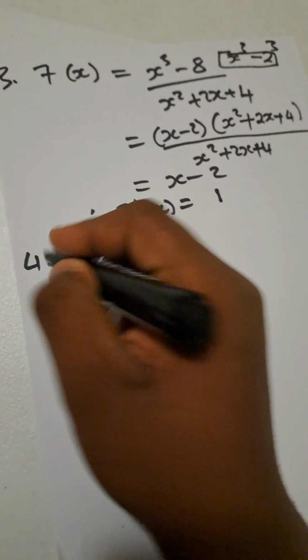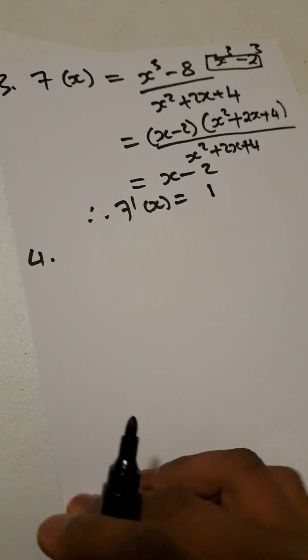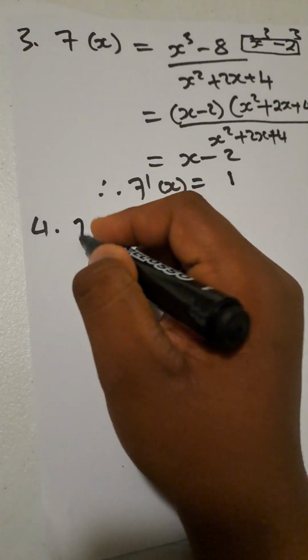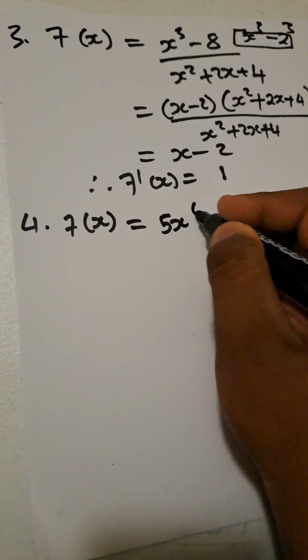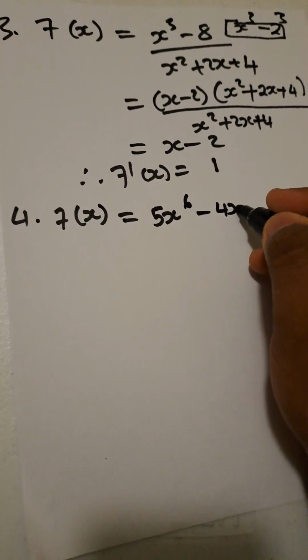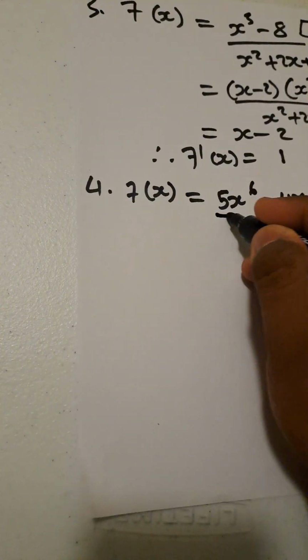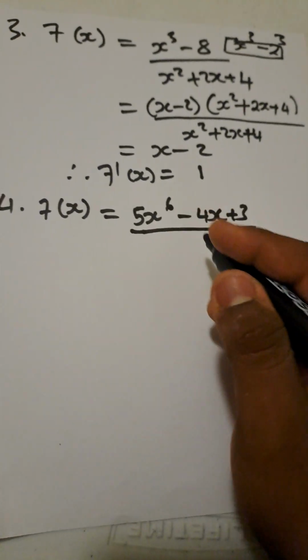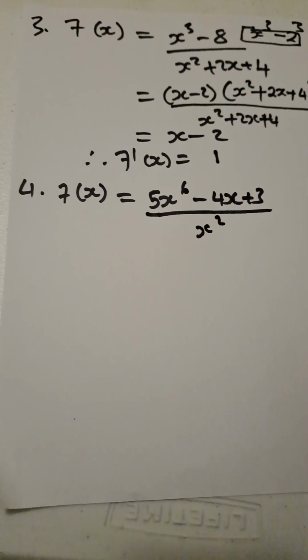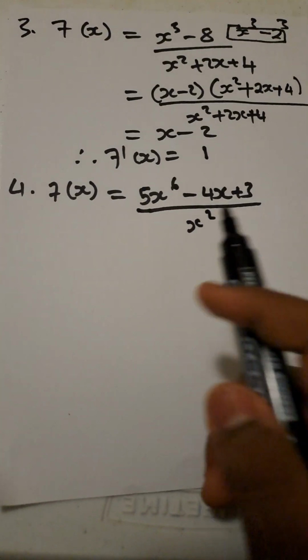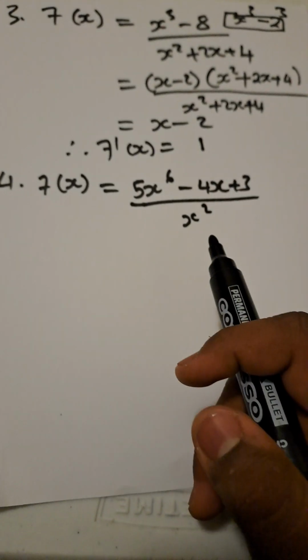Now let's check the last example: 5x to the power of 6 minus 4x plus 3 over x squared. Now I want to show something. You have many terms over one term.